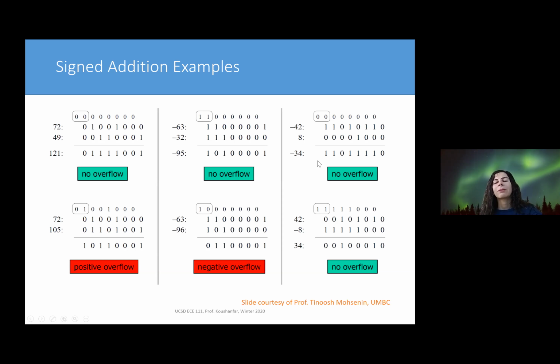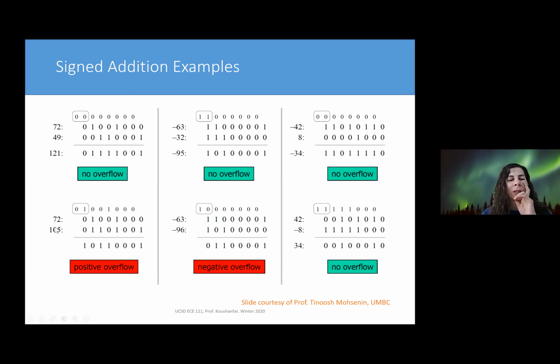Now, if we get a number here like this, where we don't have a carry from before, then we get no overflow. But there are cases where we get a carry into the previous bit, and this could lead to a positive or a negative overflow.